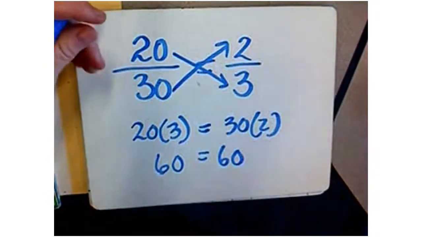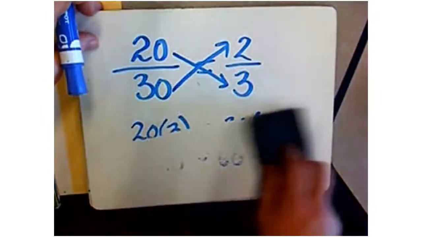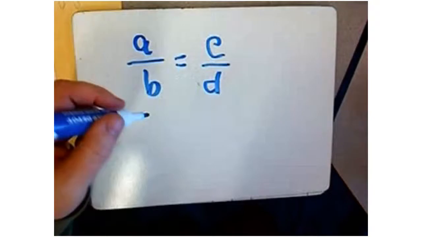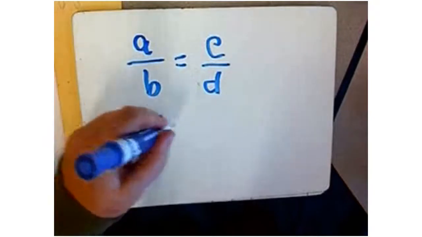So it says Theorem 9-1 puts that in official mathy language: for any numbers A and C, and any non-zero numbers B and D. You have to say non-zero because you can't divide by 0. If A over B is equal to C over D, then AD equals BC.